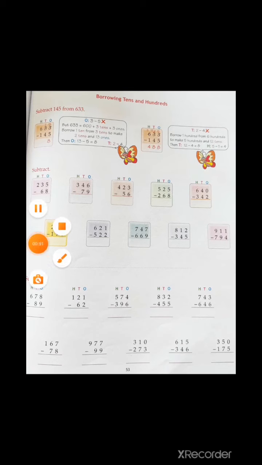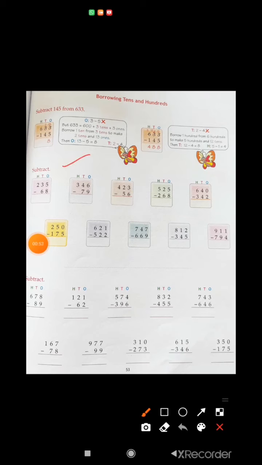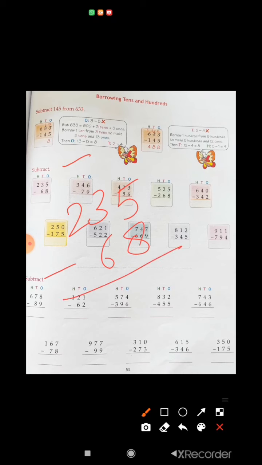Now come to exercise part. Question is 235 minus 68. First we will subtract the ones. 5 is less than 8 now.